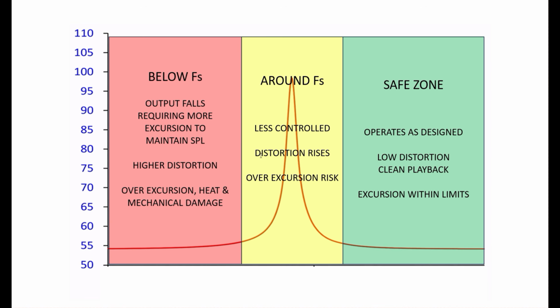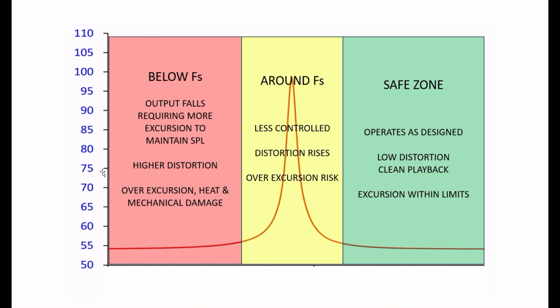And then when you get below the FS, now you're asking the speaker to do more. You need more excursion to maintain the same SPL. It's about 4 times the excursion. So if you're doing 2 mils of excursion over here, to get the same output level for a frequency down here, then you're now going to have to do 8 millimeters of excursion, and that might exceed your Xmax.